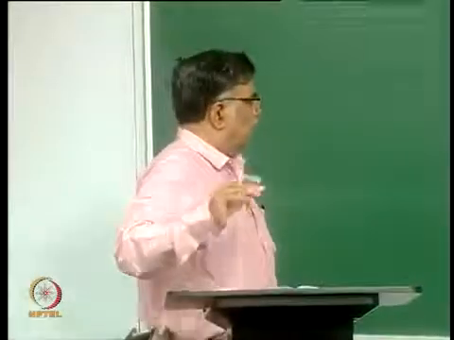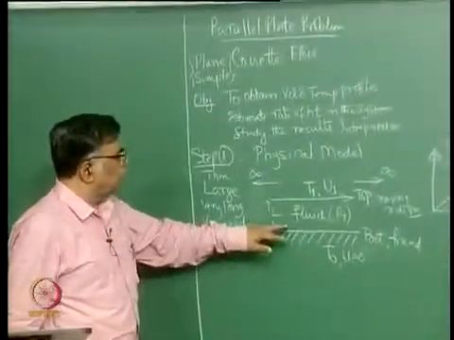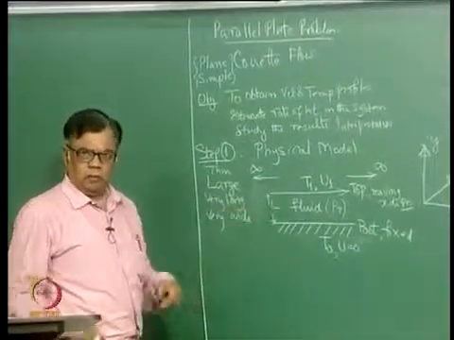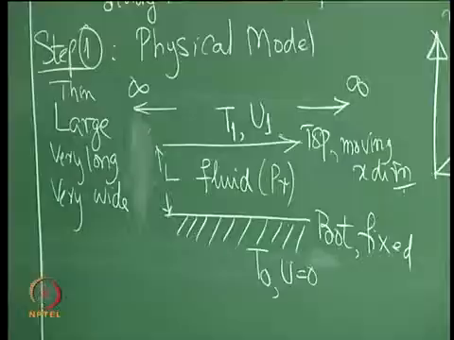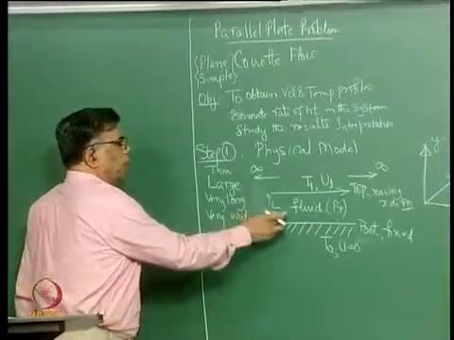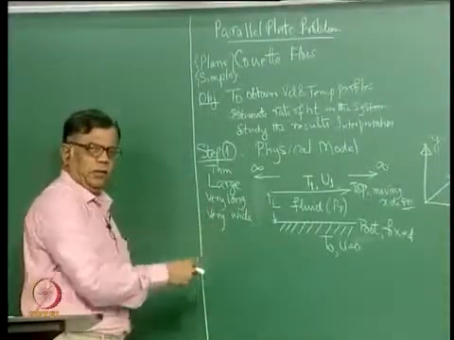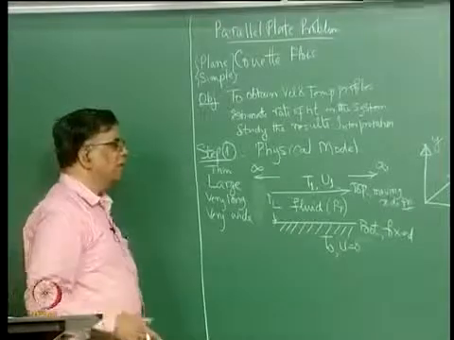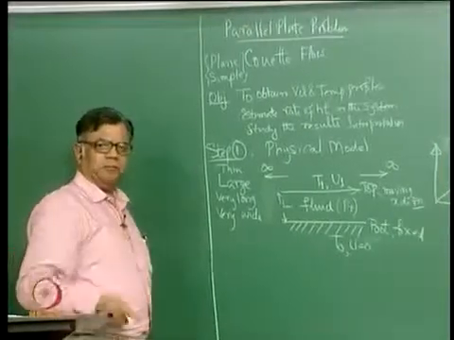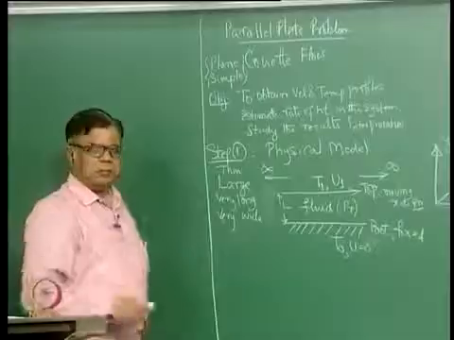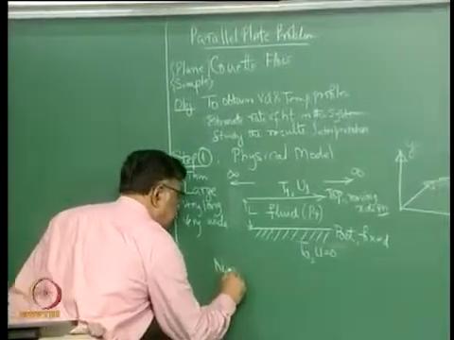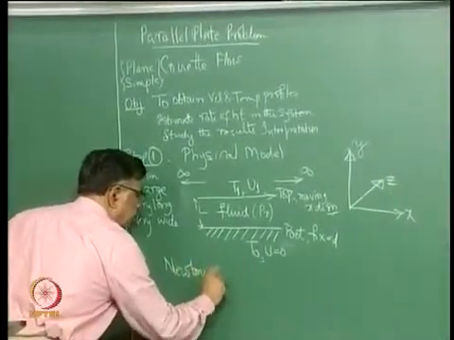Okay. Now what kind of a fluid here? Now we will go one step ahead. What kind of a fluid would we like to have here? Of course, I will prescribe that, you will prescribe. We will say this is a Newtonian fluid.